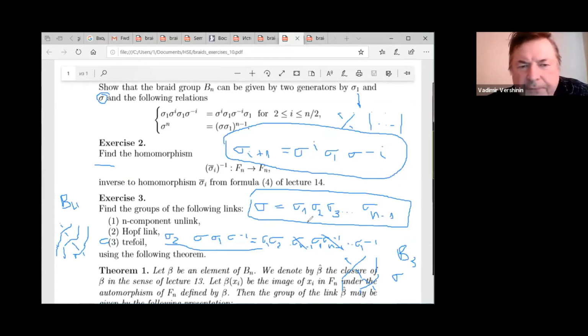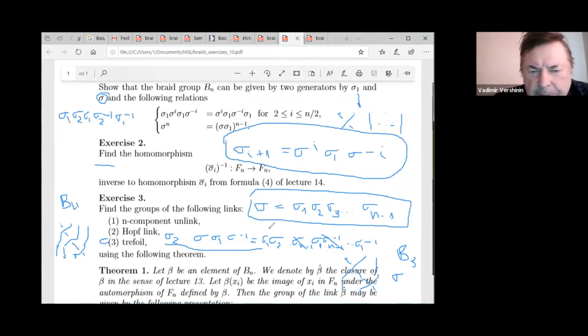So what do we have in this equality? It will be sigma 1, sigma 2, sigma 1, sigma 2 inverse, sigma 1 inverse. This is what remains from this formula.